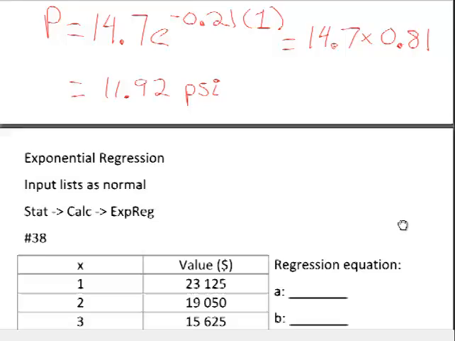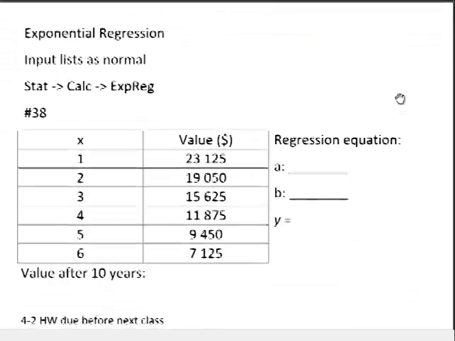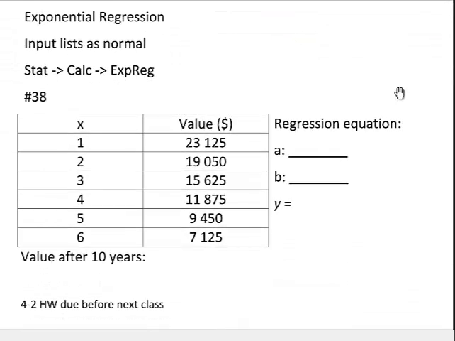The last topic then in this section is exponential regression. So exponential regression works an awful lot like every other regression we've done. What you need to do is identify first what your x's are and what your y's are. So here, number 38, this is on page 415 for those following along. 38 says that table 5, duplicated here, gives the market value of a luxury sedan in dollars x years after it's purchased.